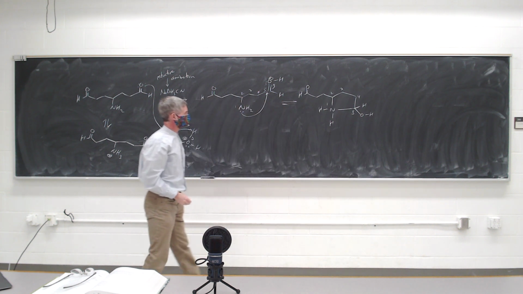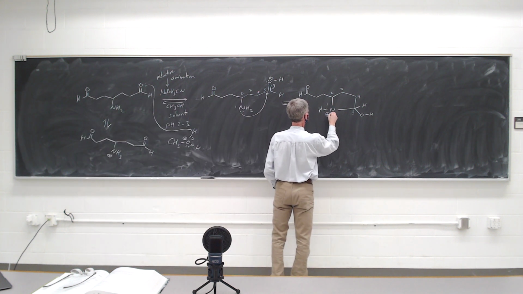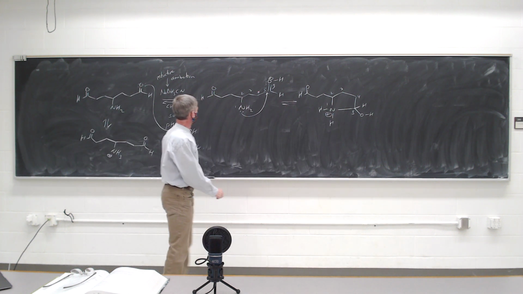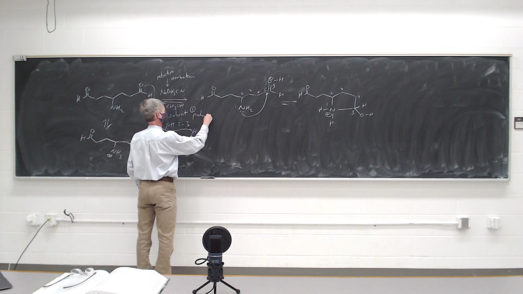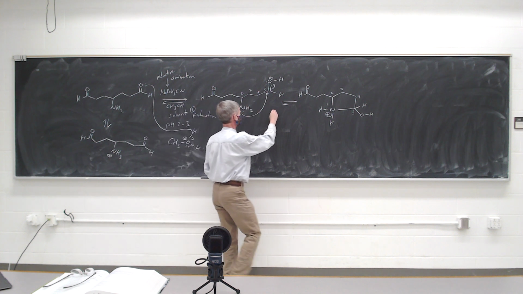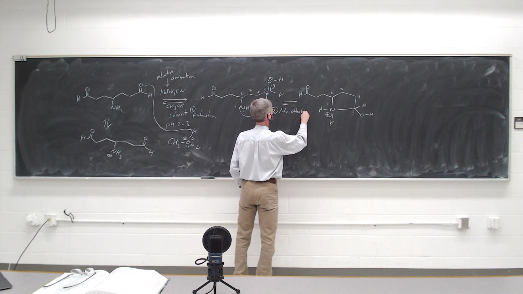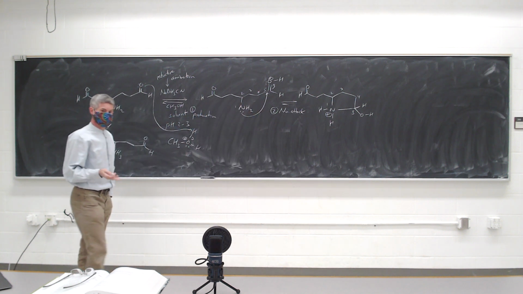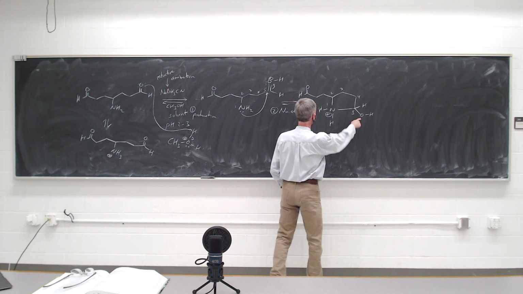So I've got to keep track of my protons and my carbons and make sure I get the 5-membered ring. So step 1 is protonation. Step 2 is nucleophilic attack. And now we're going to do 2 successive proton transfer reactions so we can make this into a leaving group.